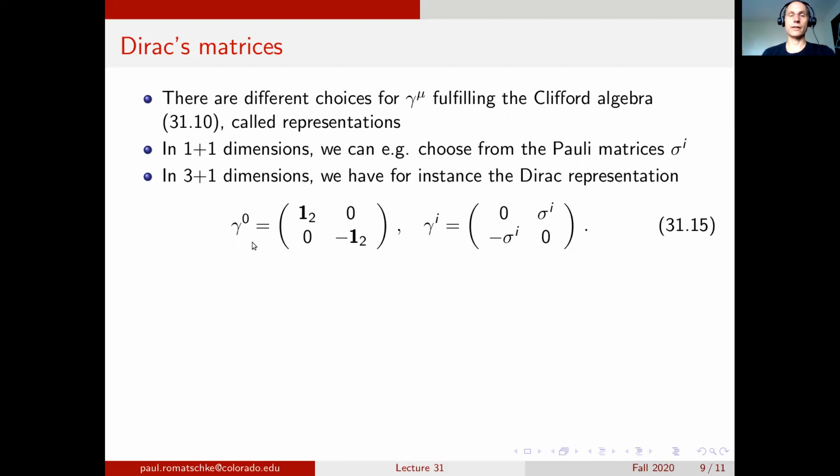Here, gamma^0 is defined as the following 4x4 matrix. It's a block matrix with a 2x2 unity matrix in the upper left, zeros in the off-diagonal blocks, and minus unity in 2 dimensions in the lower right-hand block. And the space-like gamma^i are represented in terms of the Pauli matrices sigma^1 to 3.